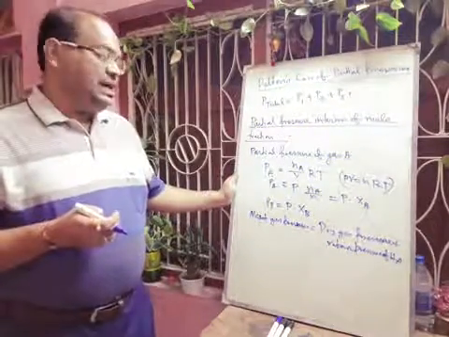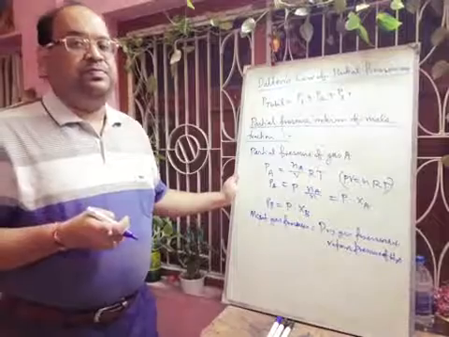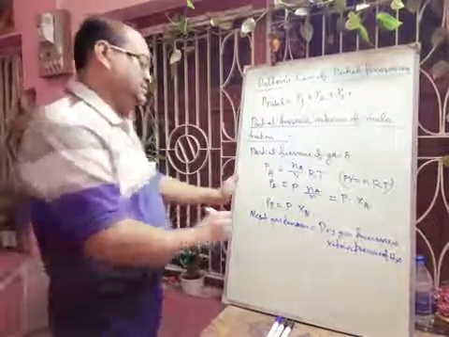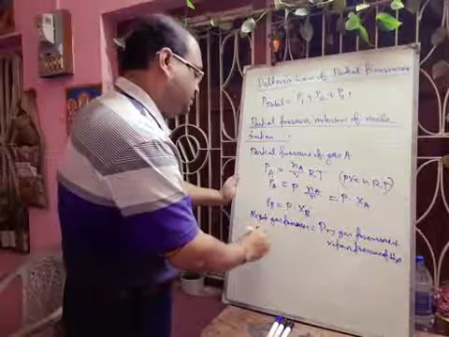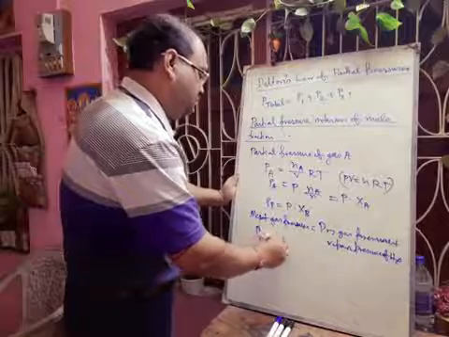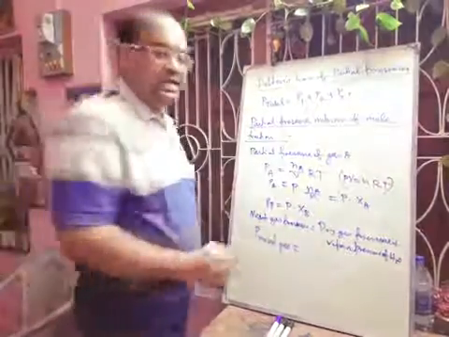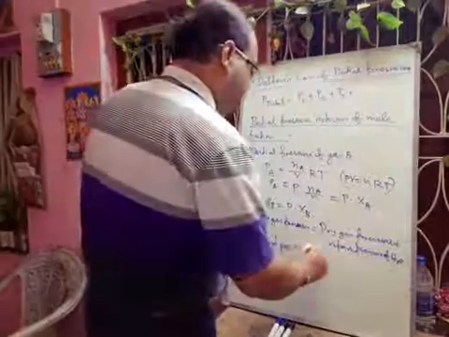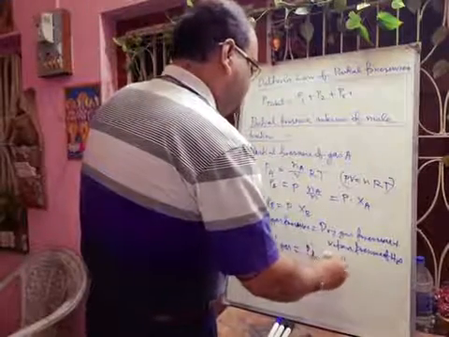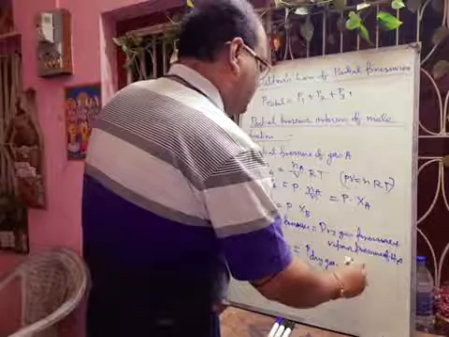So here we can write P moist gas is equal to P dry gas plus P water vapors.